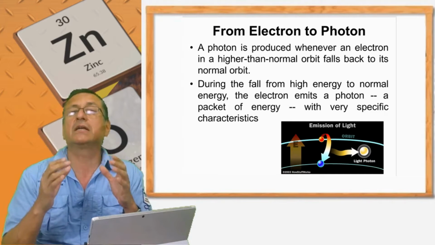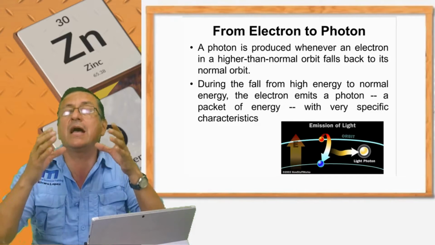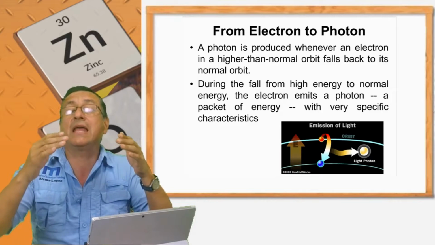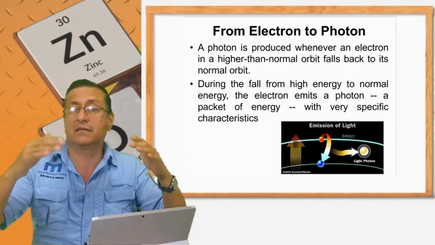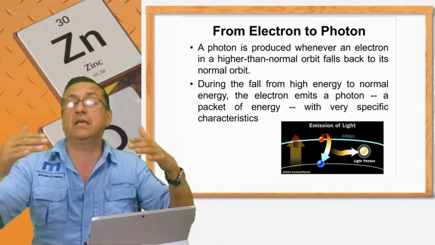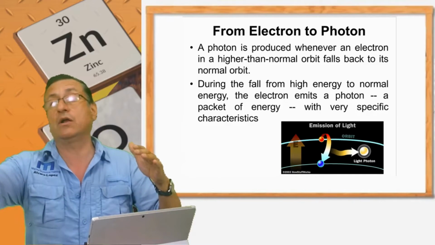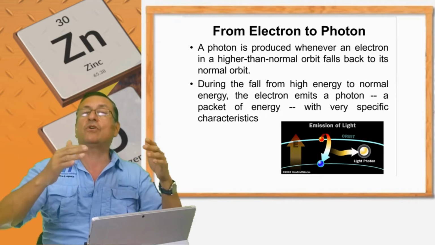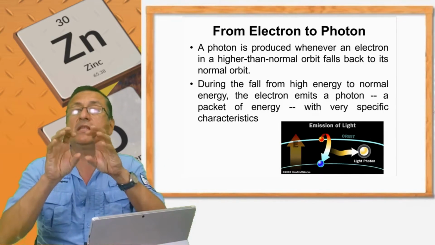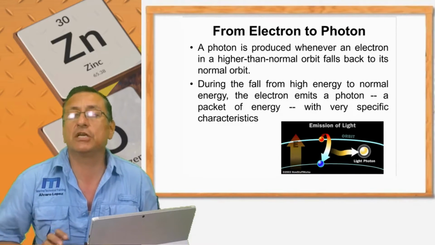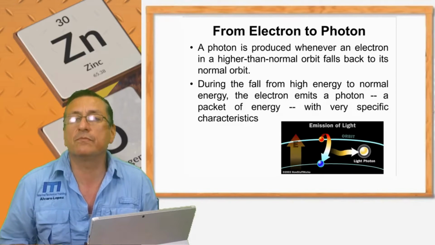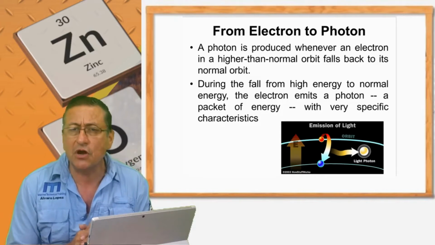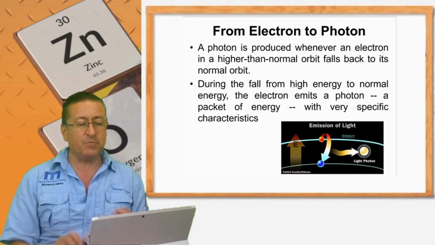It is the energy released by an atom when an electron that is excited, that jumped to a higher orbit or into another atom, tries to return to the previous orbit and emits a packet of energy, emits a photon. This is the definition of a photon. It's simple.